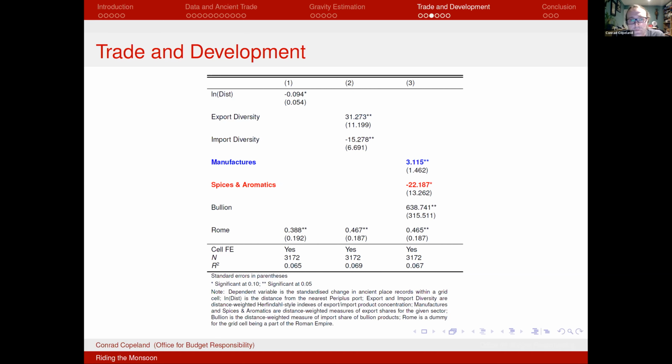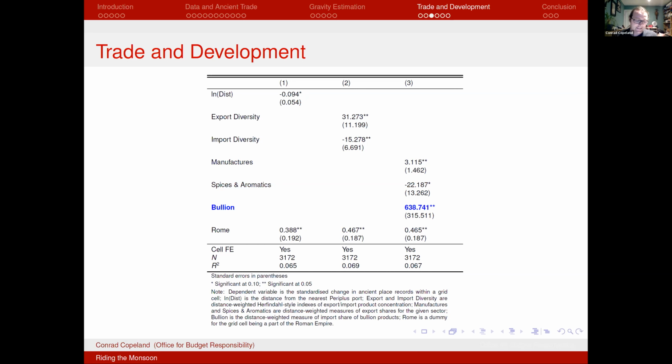But more importantly, having spices and other aromatics and resins, the cash plantation crop, as a larger part of your export basket leads to significant underdevelopment. And so this plays into the idea that cities based primarily on bulk trade in spices and incense were less developed.